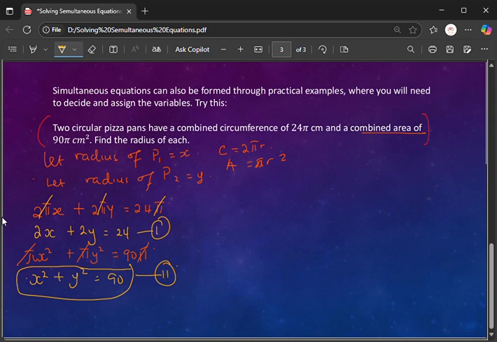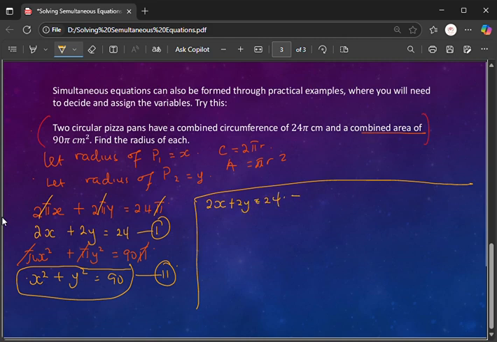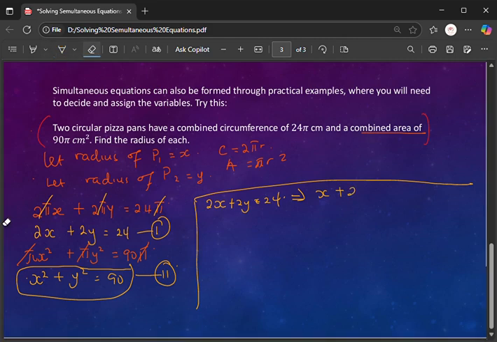Alright, so let's continue. So now here we can consider equation 1, 2x plus 2y equals 24. So we can reduce this by 2. We can divide it by 2 because 2 can be divided into every item here. So we have x plus y. I'll erase that.